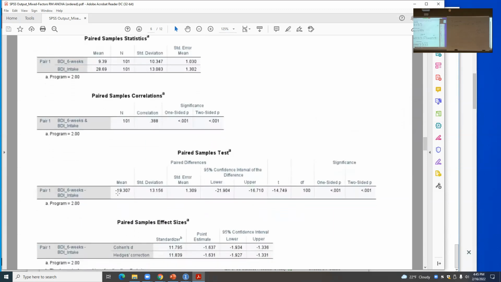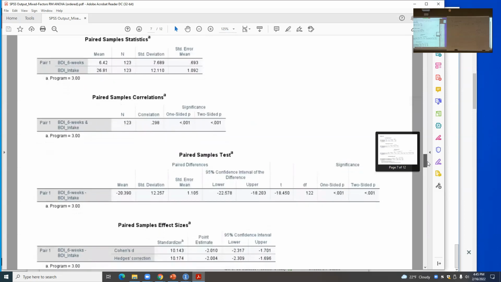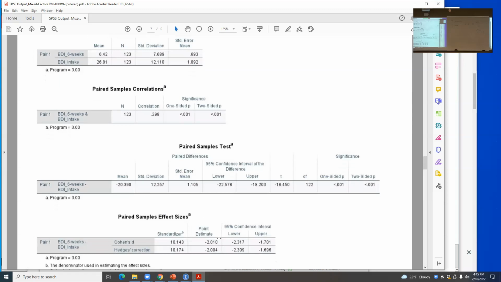Here, my average reduction is now 19 points with data-supported values ranging from 16 to 21 point reductions. Effect size here of 1.6. And then for program 3, here, a 20-point reduction, data-supported lower and upper bounds of 18.2 and 22.6, with a point estimate of my effect size of 2.